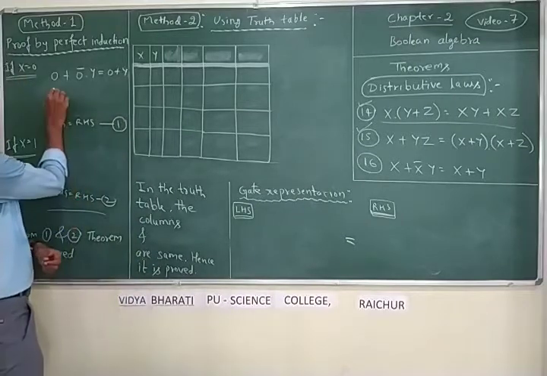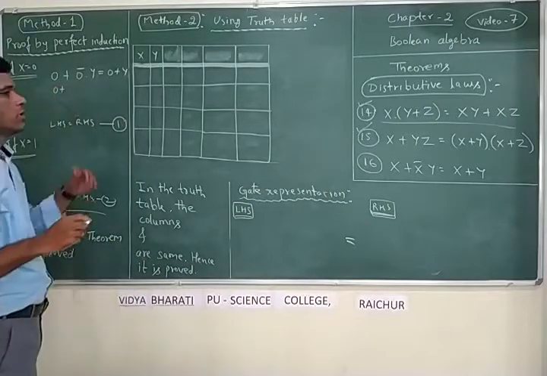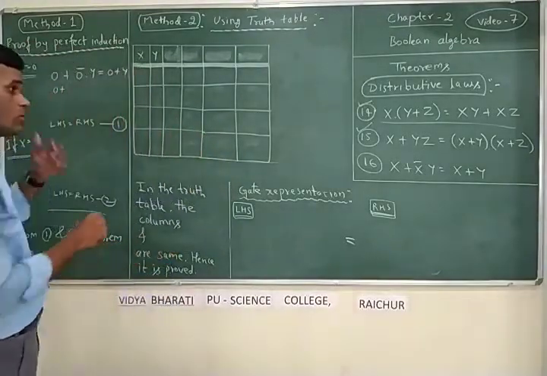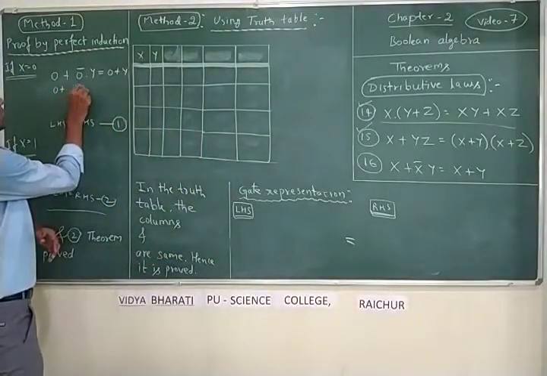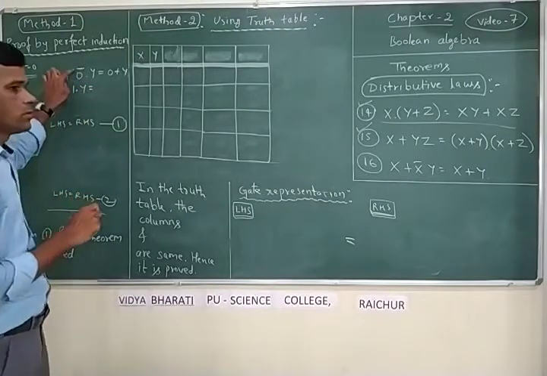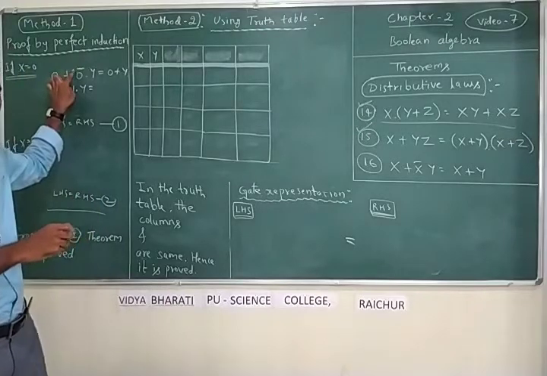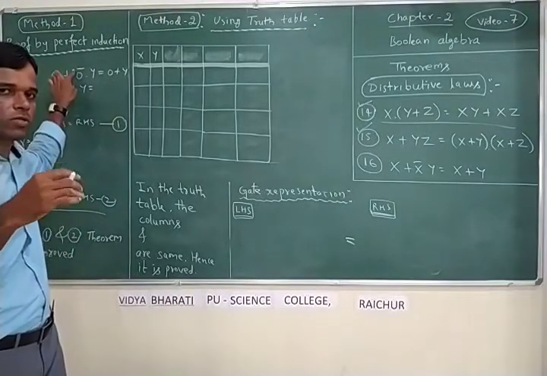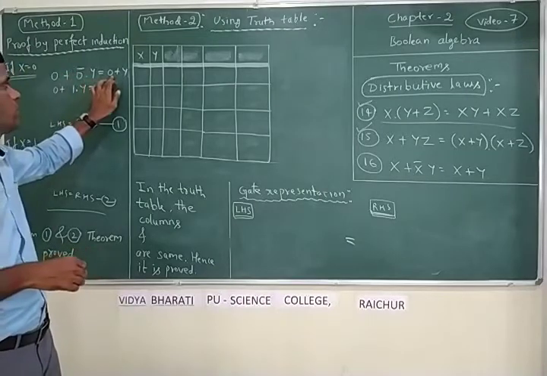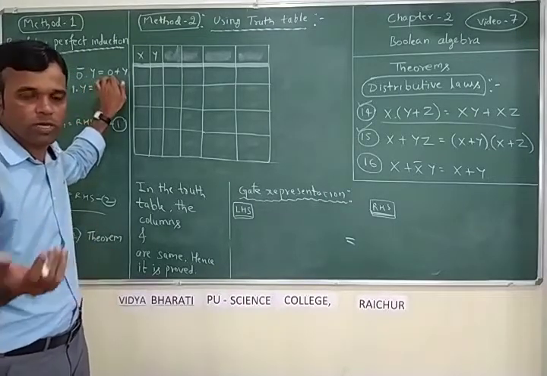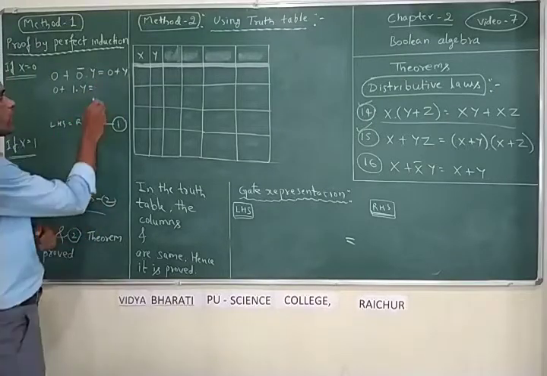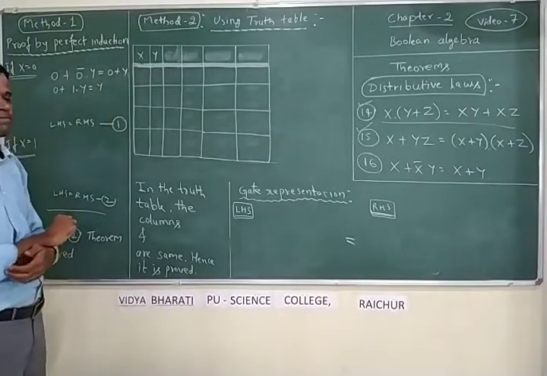So now 0 plus 0 complement is 1. Okay. So it is now 1 into y. So 0 bar, basic postulates, complement rule. Complement of 0 is 1, complement of 1 is 0. On this side it is 0 plus y. So properties of 0, that theorem 0 plus x is x. So 0 plus y is y.